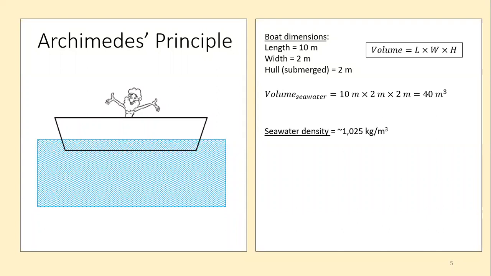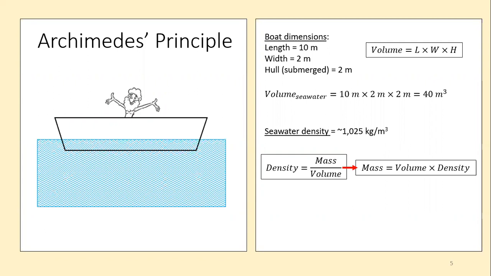Next, assuming a seawater density of approximately 1,025 kilograms per cubic meter, we can use the density formula to calculate the mass of the displaced water, where density equals the mass per unit volume. However, to calculate mass, we must first algebraically rearrange the formula to mass.